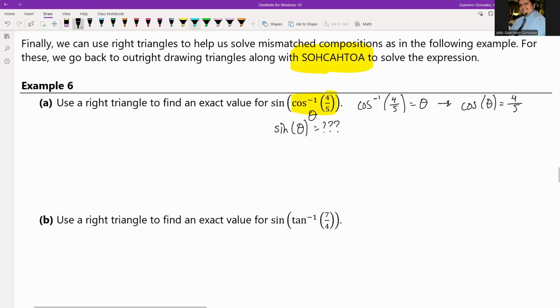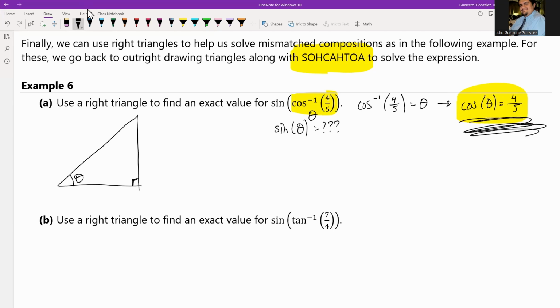And we're going to use cosine to find it out. Okay? So, I'm going to make my triangle. All of these are going to require a right triangle of some sort, so here we go. Okay? I'm going to assign my angle theta. According to my work, cosine of that angle should be 4/5.